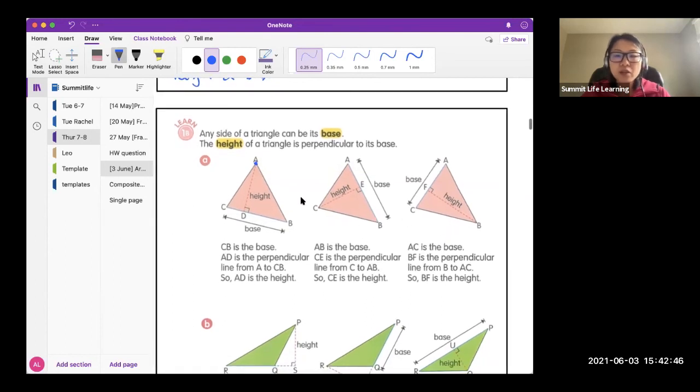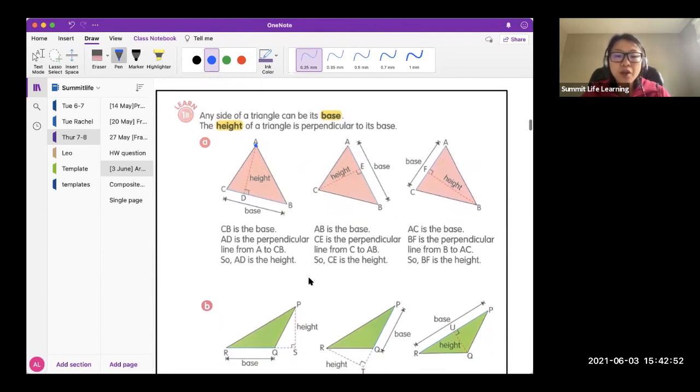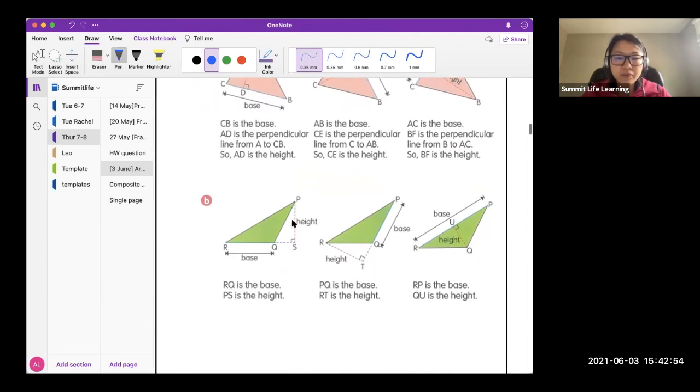For this kind of triangle, you will see that all the heights are within the triangle. There are some cases where the heights can be outside of the triangle. If you pick vertex P, you need to drop a perpendicular line. You can see that the line you draw here is outside of the triangle.